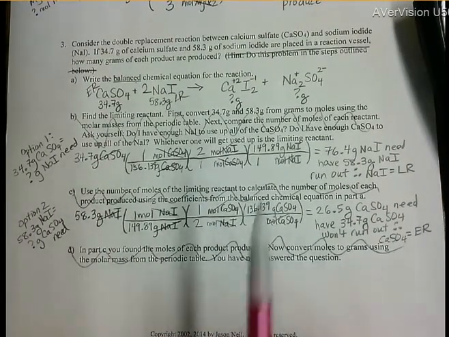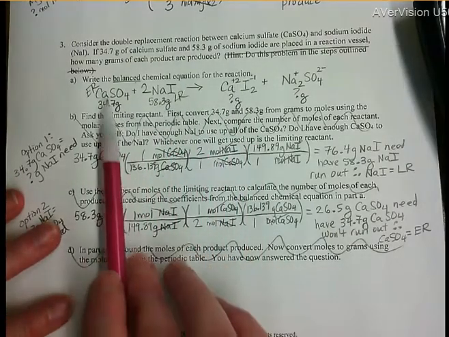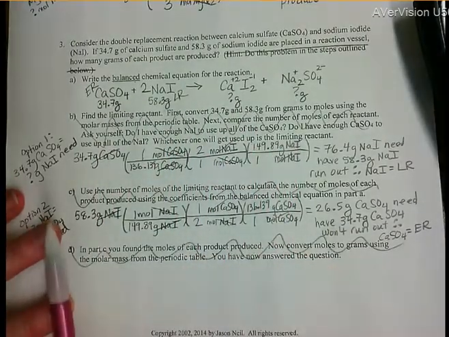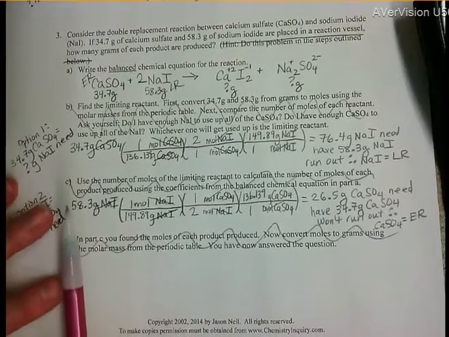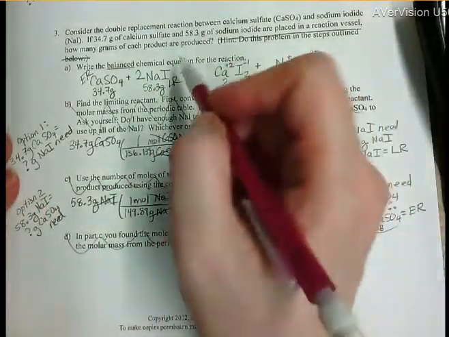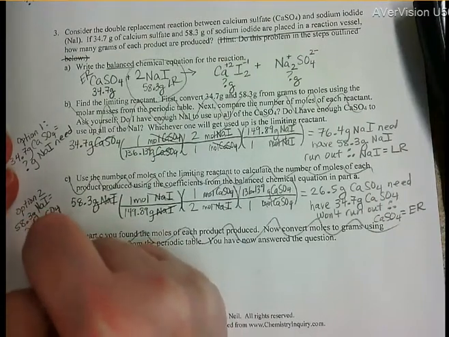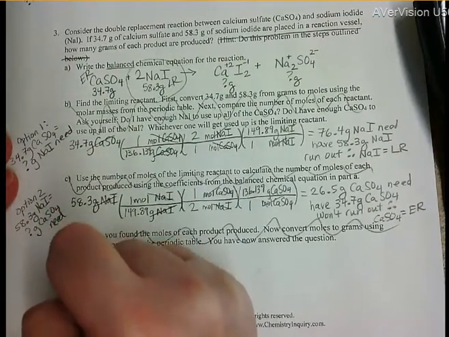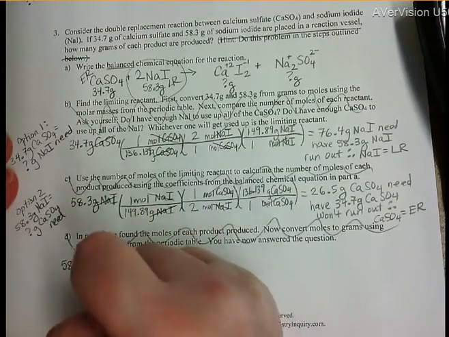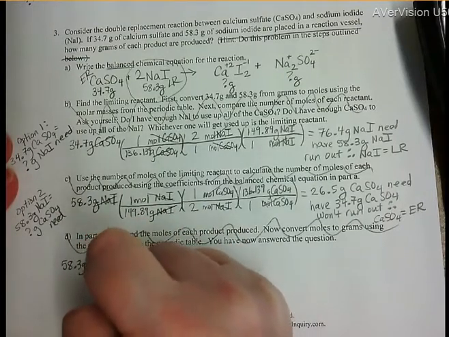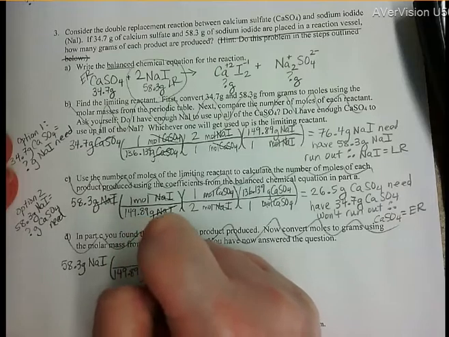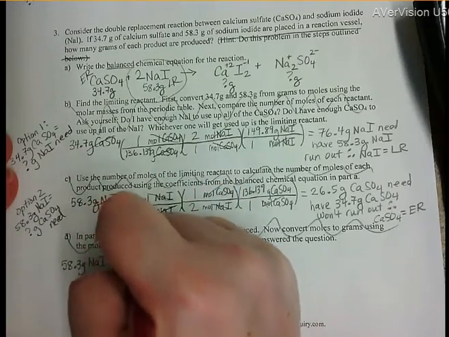But now we need to answer the question, which is, we want to know how much of each product. That's 2 separate calculations. But again, remember, I have to start with my limiting reactant. So I'm going to start with the 58.3 grams of sodium iodide. Again, my numbers I already calculated for my molar mass are not going to change, so I can just use them.